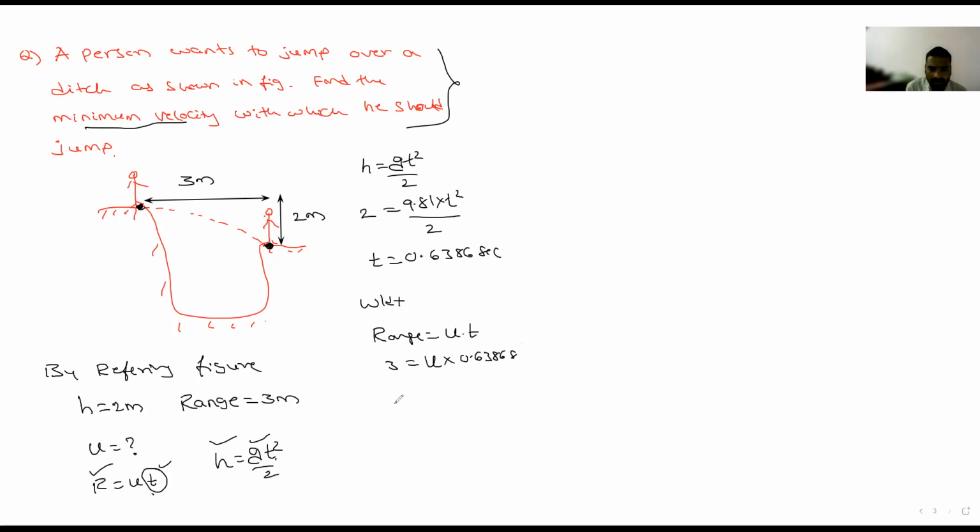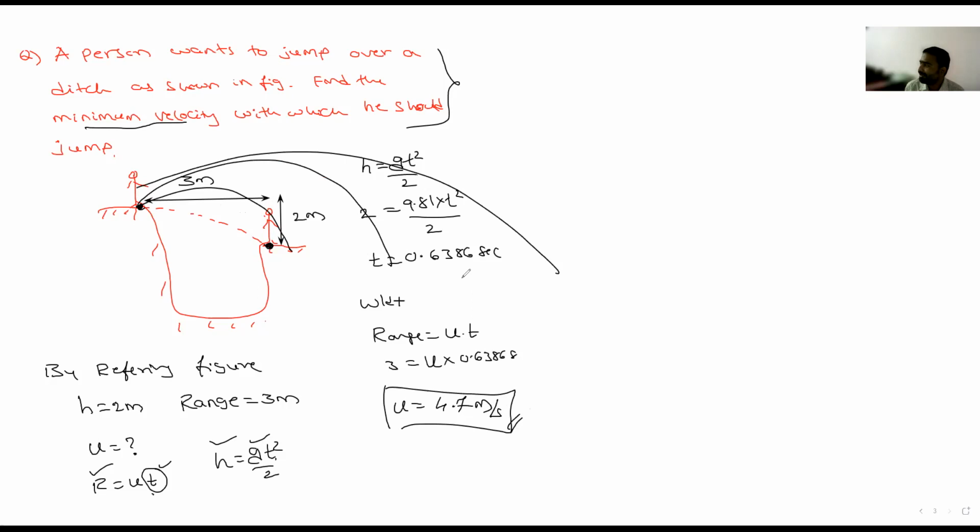So U is equal to 4.69 meter per second, nearly 4.7. See, to jump this 3 meter, minimum velocity is asked. Maximum, if you give maximum velocity, you can jump here, here, or here. Okay.